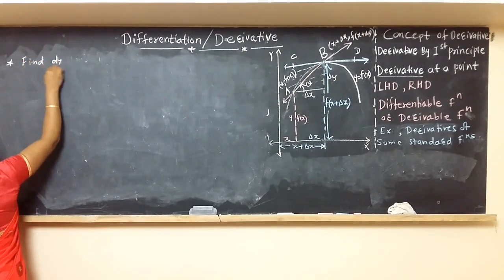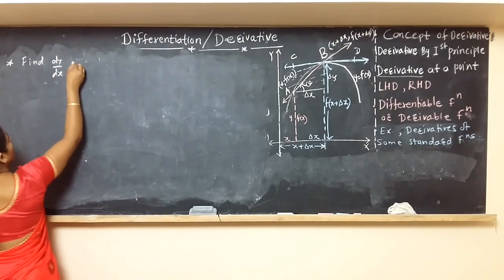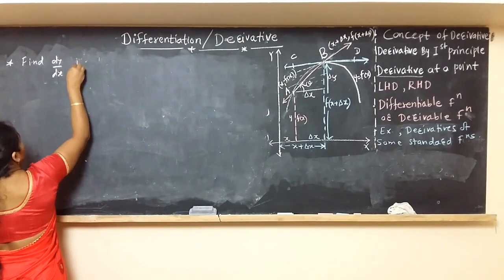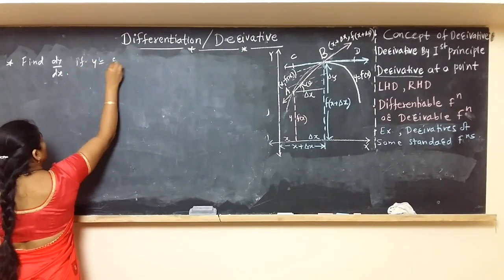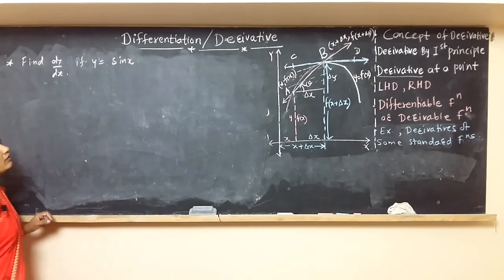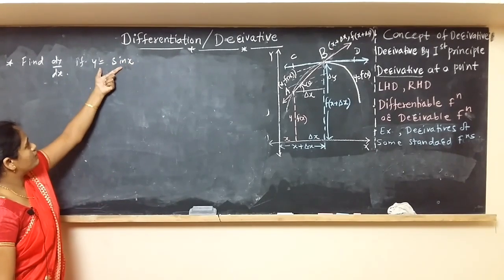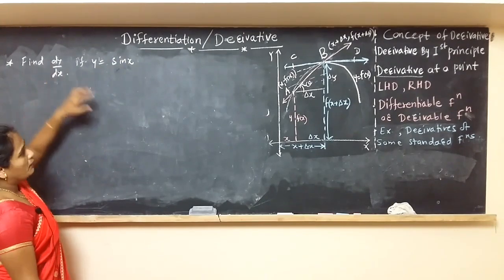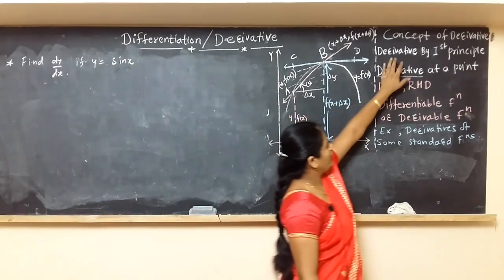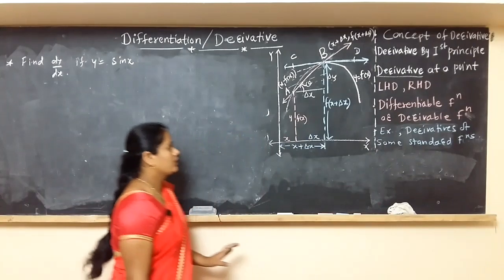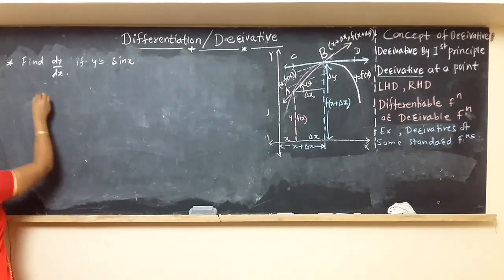Find dy by dx if y is equal to sin x. So I am going to find the derivative of this function y is equal to sin x by using the derivative by first principle that we have studied.